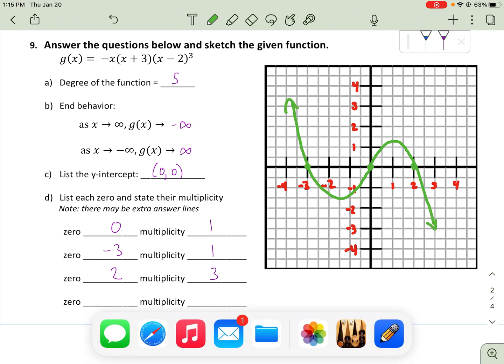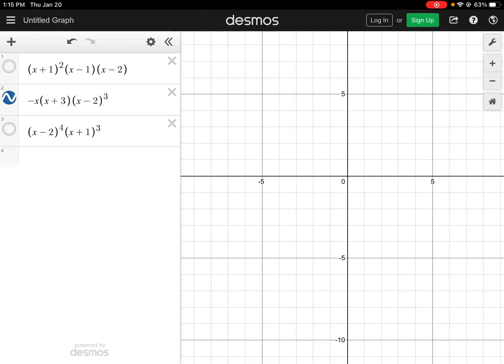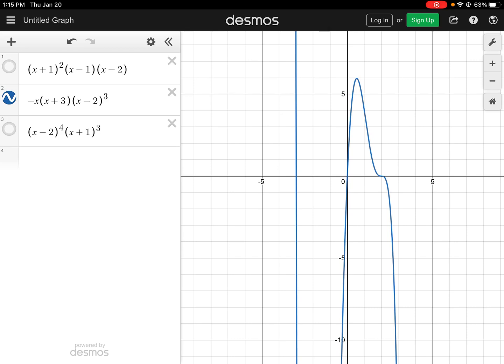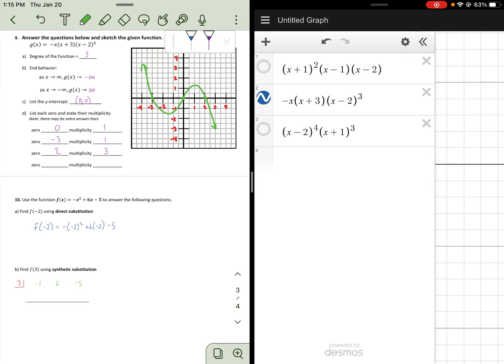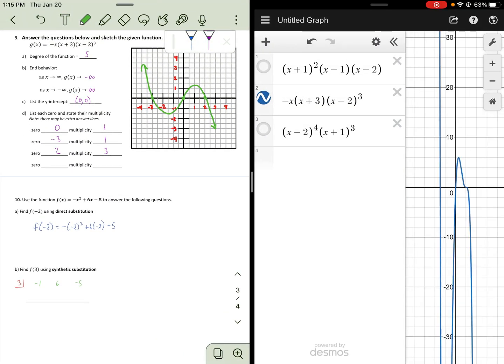And again, I have this graphed already on Desmos, which is this one, I think. And so you can see it's pretty close. Right around here, I didn't really get the shape right, but I'm not concerned with that. Again, we don't really know how high it goes.